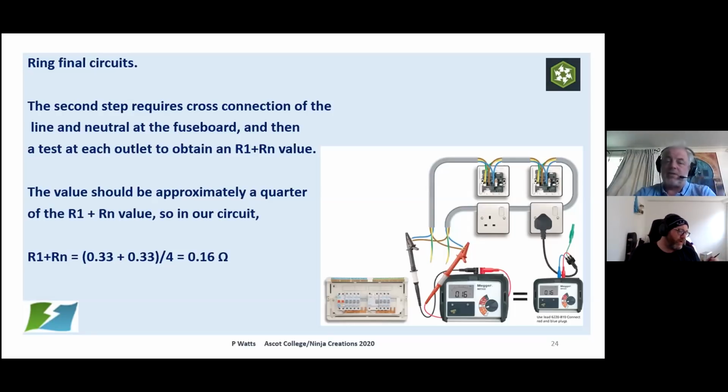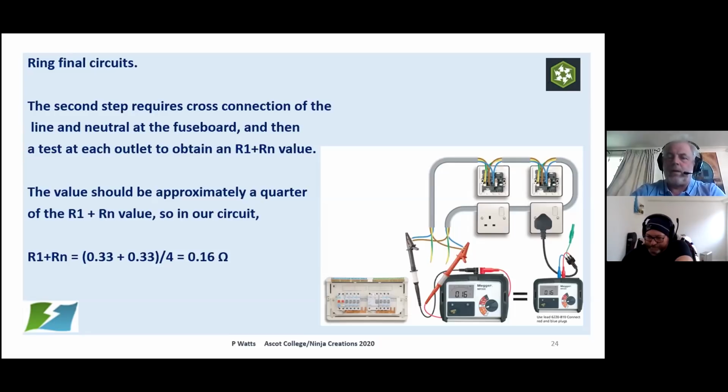So you do these calculations before you do your tests, and when you press that button, you're looking for a value of 0.16. If it's much different from that, then the alarm bells start to ring, and you can take further action. If it's new work, remedial action. If it's an EICR, it could be an FI.